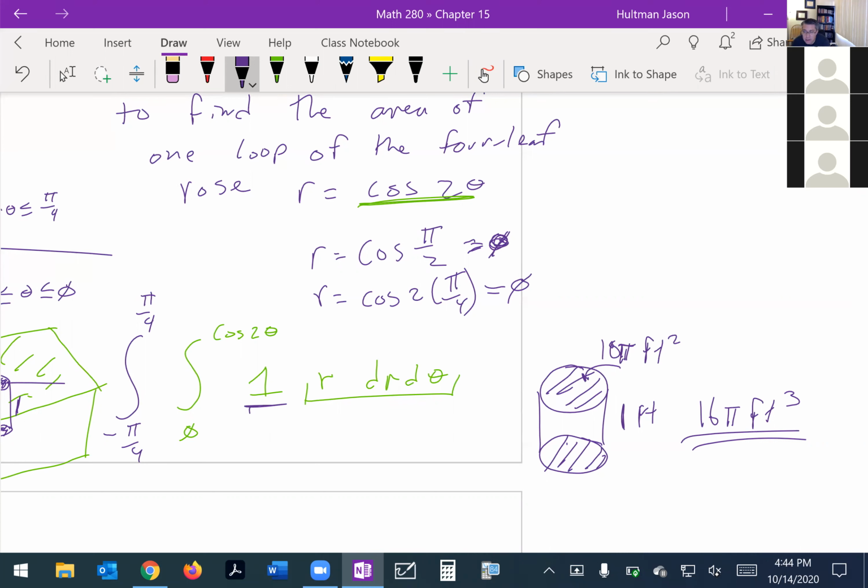It's the same trick that we use when we do a single integral and we want to find the area of something, or the distance of something. So it's the same thing when we want to find the length of something. We let the function be equal to 1.